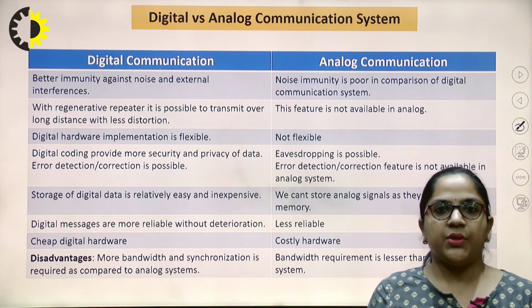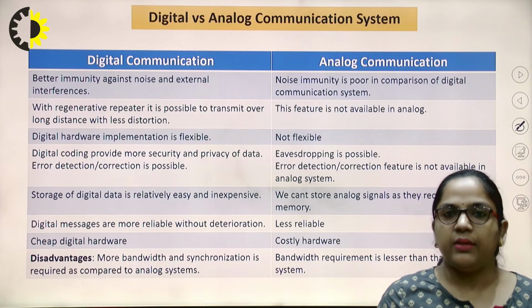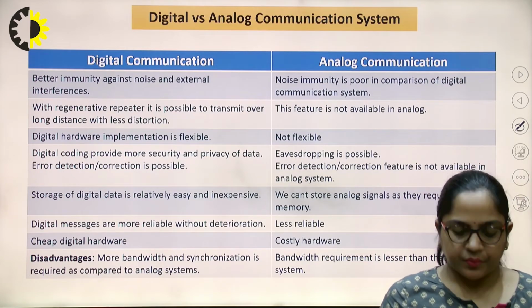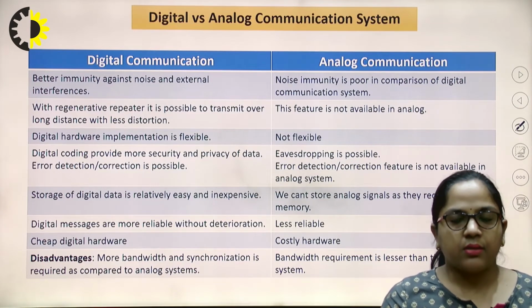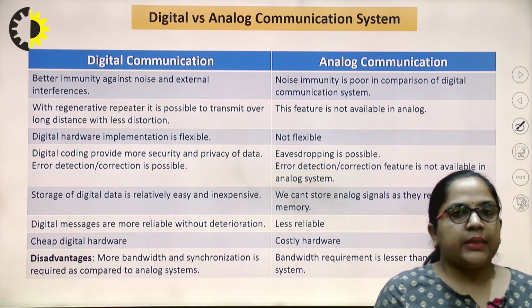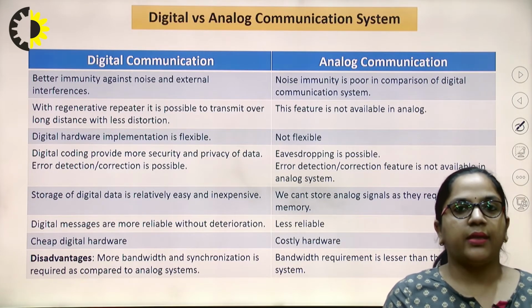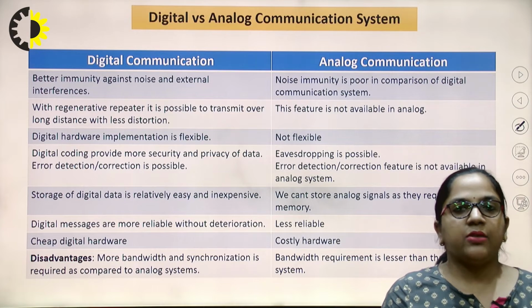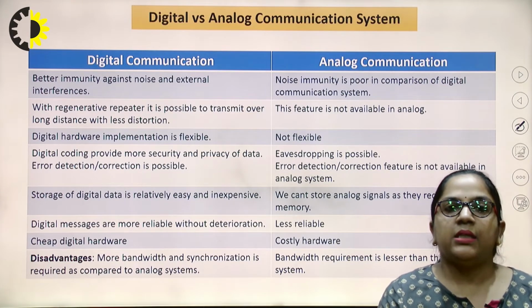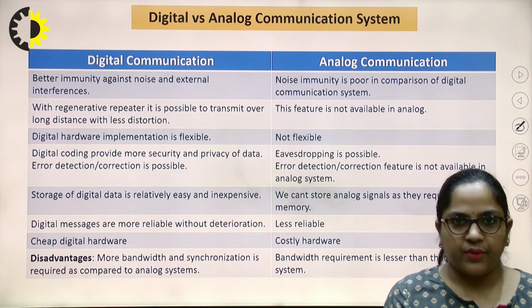In the first 2 units, we discussed the analog communication system, and in the 4th unit, the digital communication system. What is the main difference between them? In digital communication, we get better immunity against noise and external interferences, while analog communication is more prone to noise and external interferences.